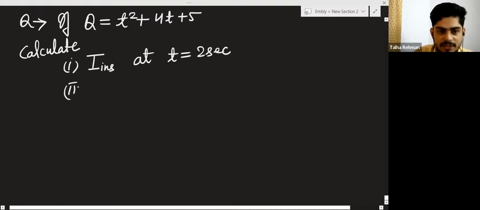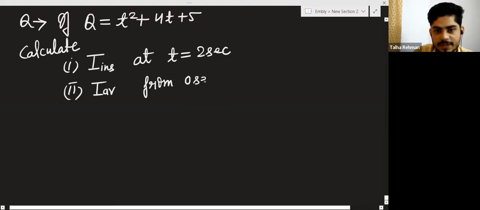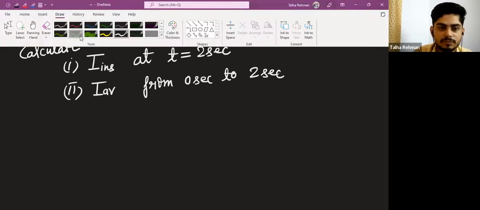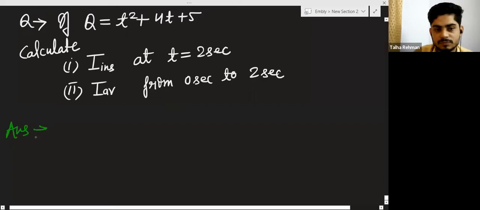Second part is the average current, we have to calculate from 0 seconds to 2 seconds.